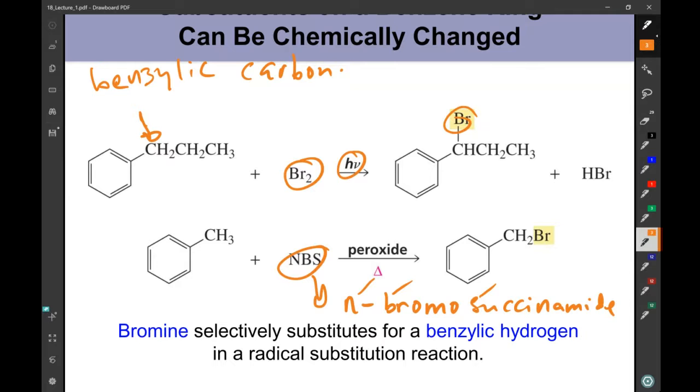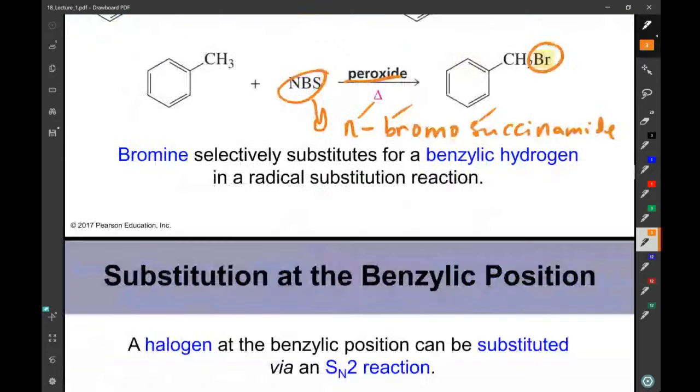If you use N-bromosuccinimide, you can also brominate that carbon. Bromine will selectively substitute the benzylic hydrogen in a radical substitution reaction. We've talked about radical reactions when we did 301. So if you use NBS in the presence of peroxide, or bromine in the presence of UV light, you'll be able to undergo those substitutions pretty easily.